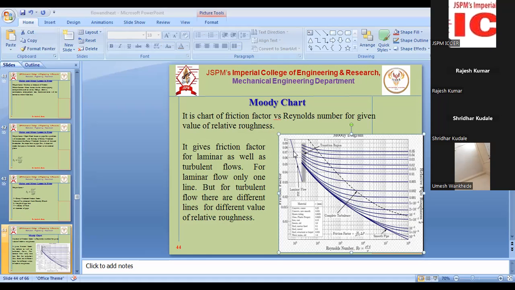In turbulent flow, the friction factor depends on the wall roughness, relative roughness. So there is a single formula for friction factor in laminar flow, that is 64 by Re, but for turbulent flow, based on the relative roughness, there will be different lines for friction factor. Many times, for simplicity, we consider a very smooth pipe, but that is an approximation.